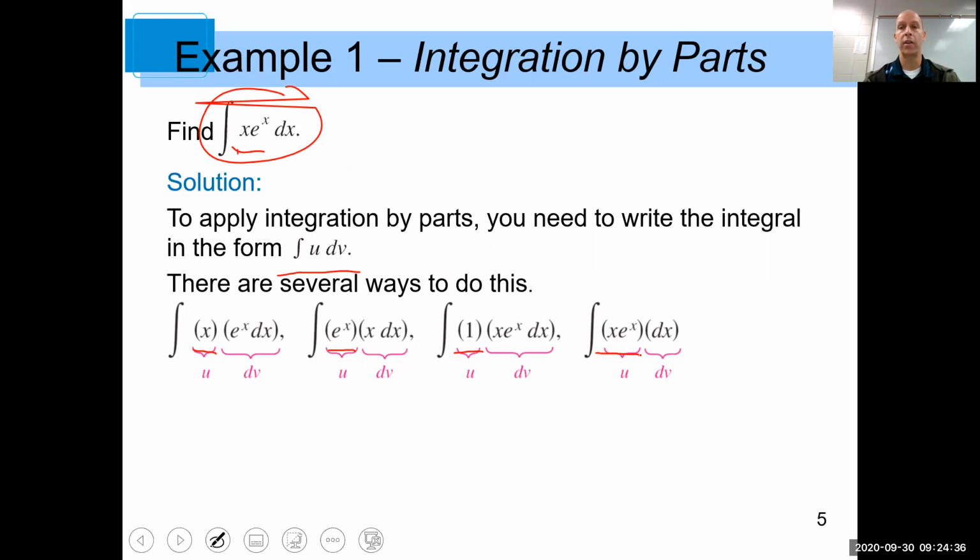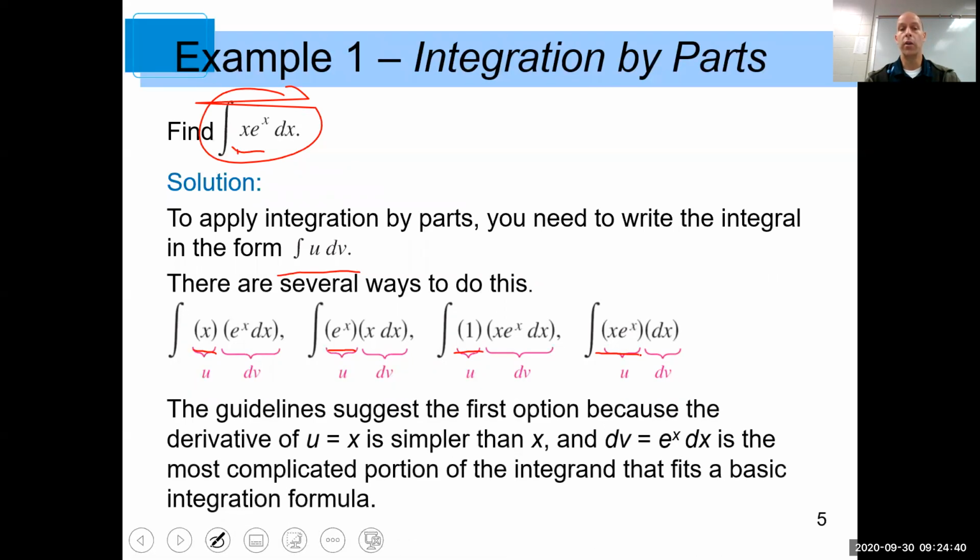This is where integration by parts becomes an interesting challenge. It turns out that the guidelines on the previous slide suggest that we want to pick u to be the simpler form of a function. So x is a simpler form of the function than e to the x. So that's what we're going to leave for our dv.